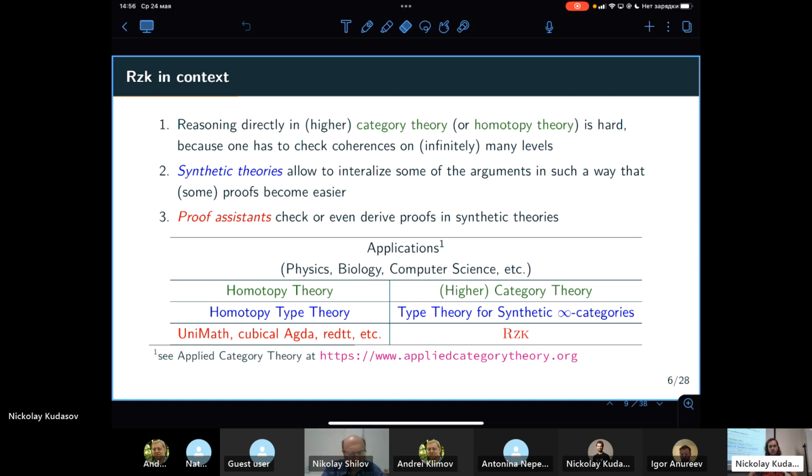And recently there's been some development by Szumiło and his team, and I think there are some other developments as well, which I cannot recall from memory. And so Rzk is basically, at least for now, the only proof assistant that's based on this specific synthetic infinity category theory.